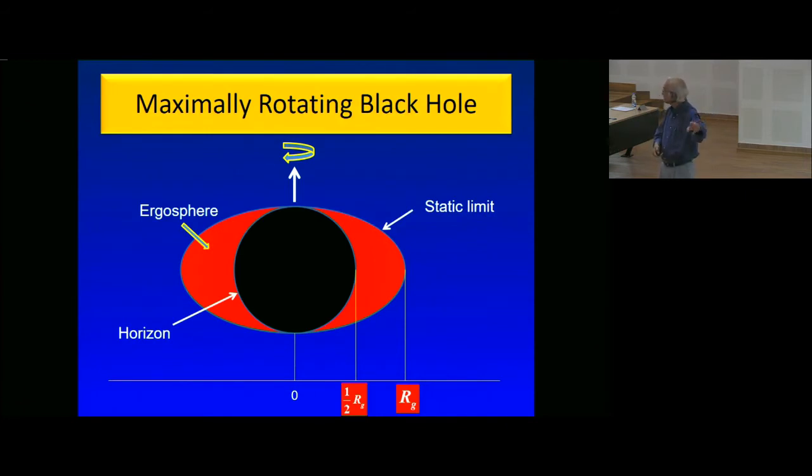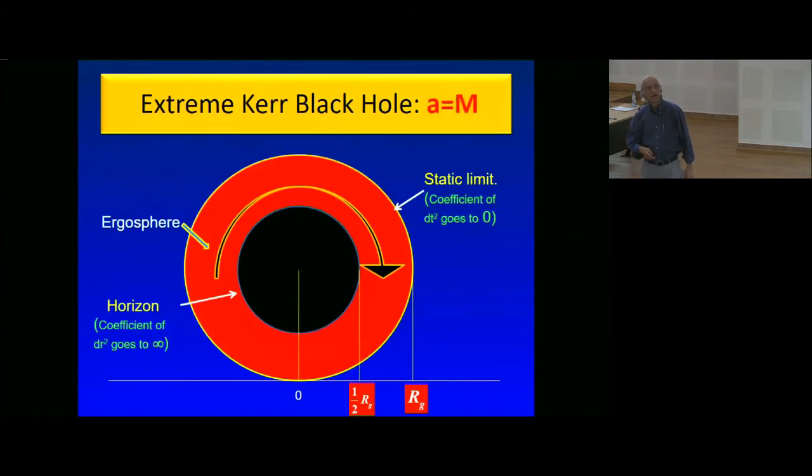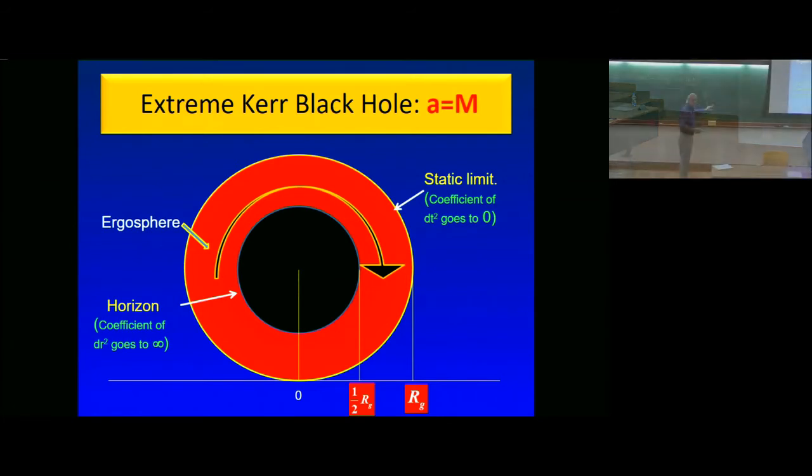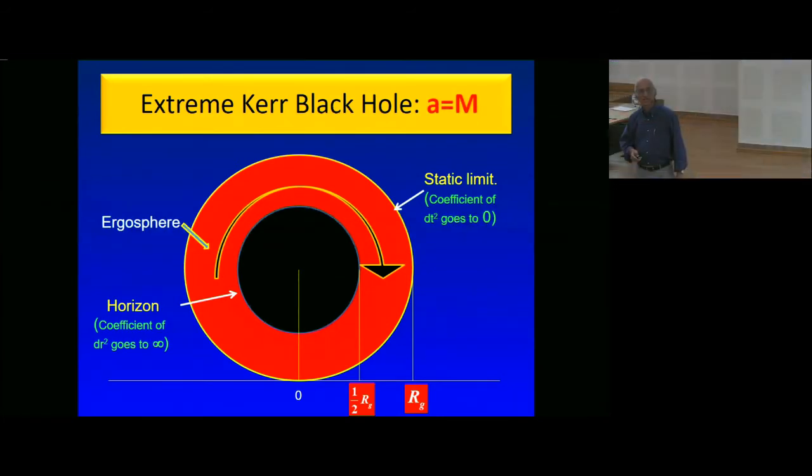Let's look at this same picture from above the equator. So what we will see are two circles in the equatorial plane. This outer circle, where the coefficient of the dt squared term goes to 0, is known as the static limit. You'll see why in a minute.